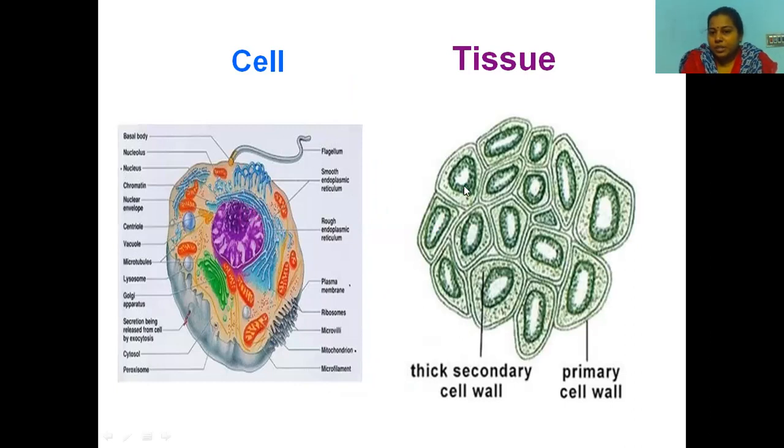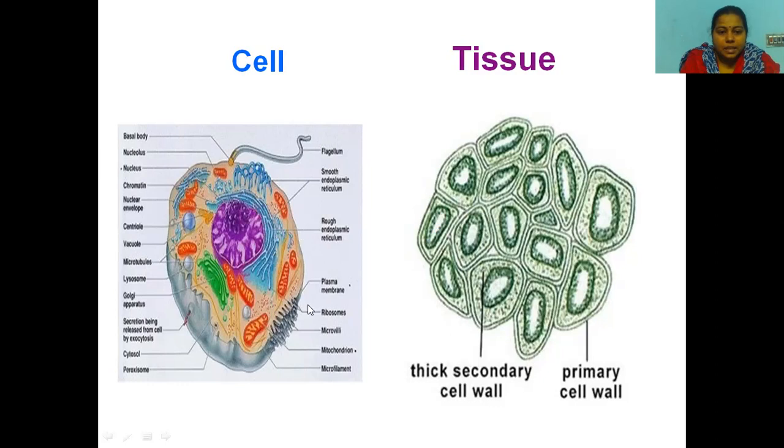This is a tissue, children. Tissue means a group of cells performing some function. Here, see children, every cell is separated from the other cell by means of the plasma membrane and the cell wall. Children, if it is a plant cell, the cell is further surrounded by the cell wall.